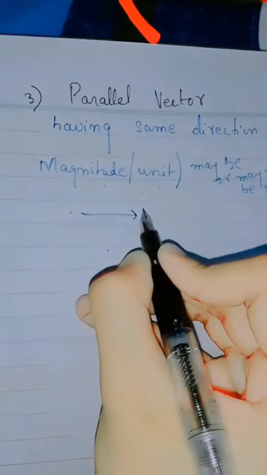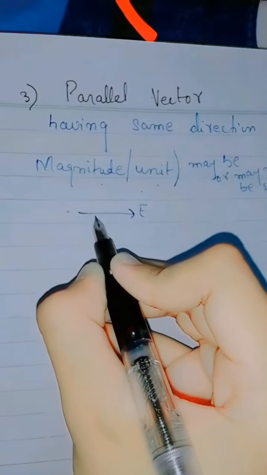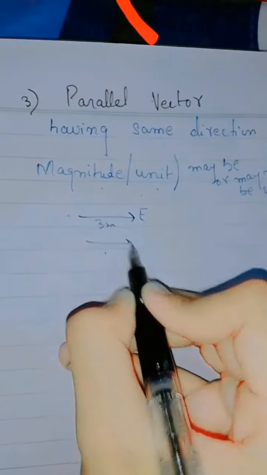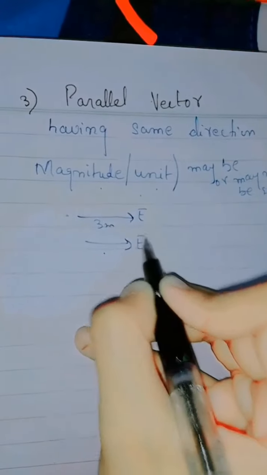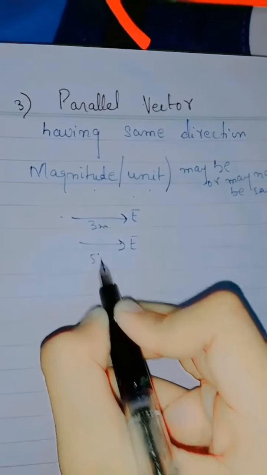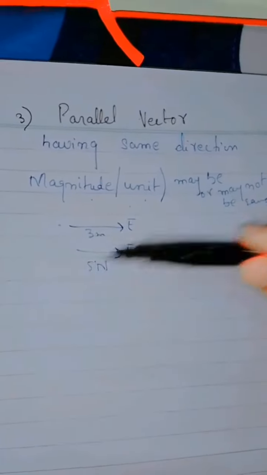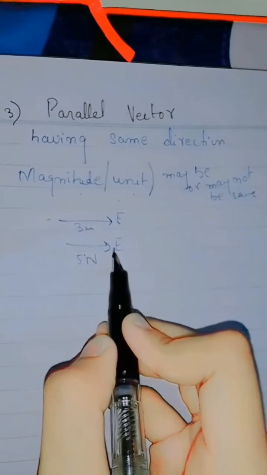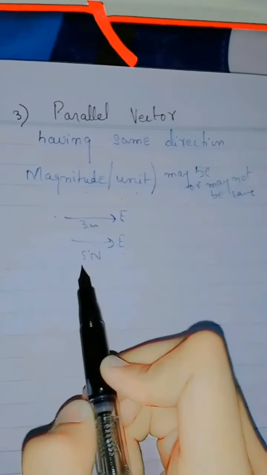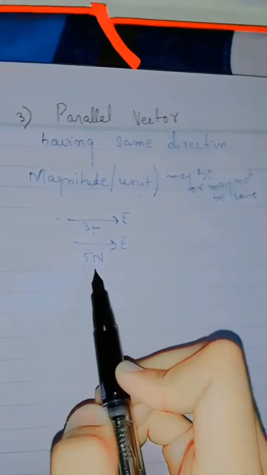For example, one vector is of east direction, 3 meter, and one vector is also of east direction, 5 Newton. That will be called parallel vectors, because they both have the same direction, that is east direction. They have different magnitude and different unit.